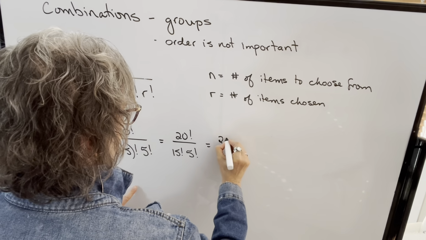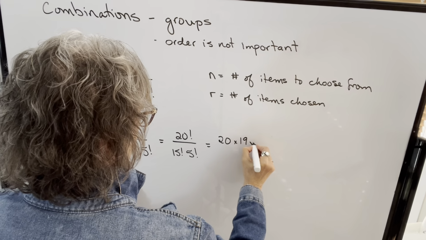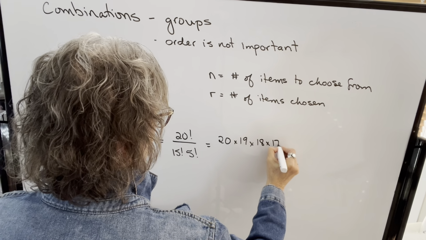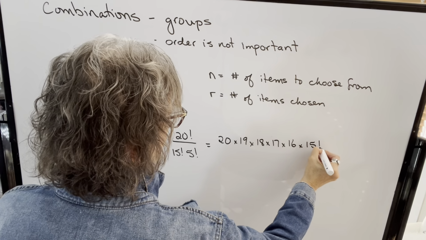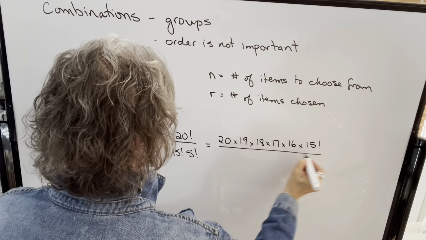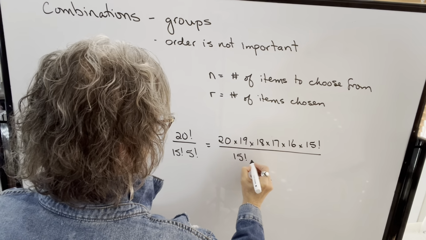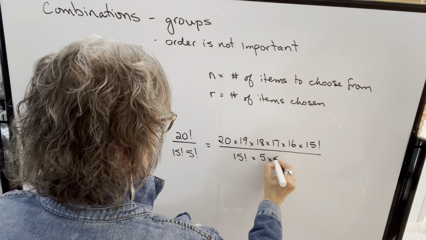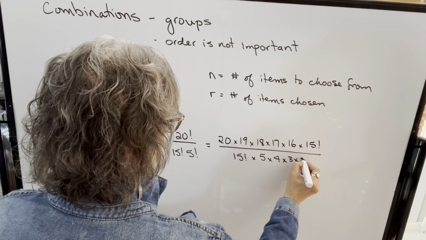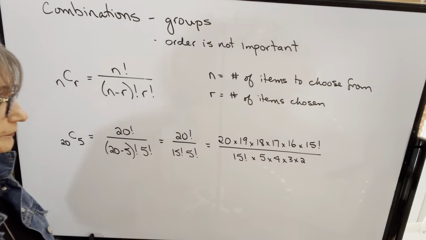So this will be 20 times 19 times 18 times 17 times 16 times 15 factorial. And I'm going to expand 5 factorial, 5 times 4 times 3 times 2. I don't need to put the times 1.